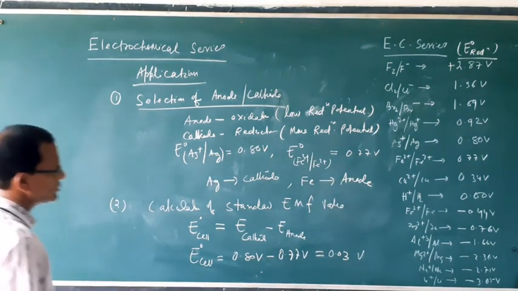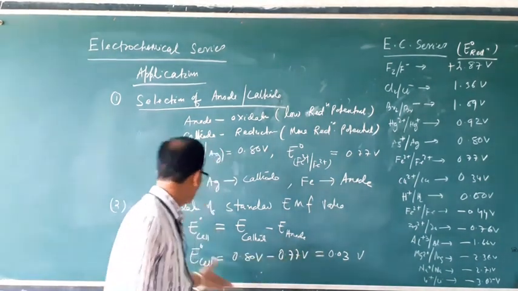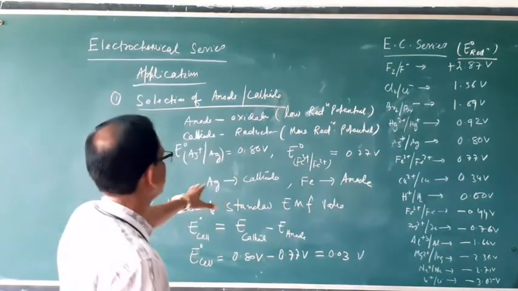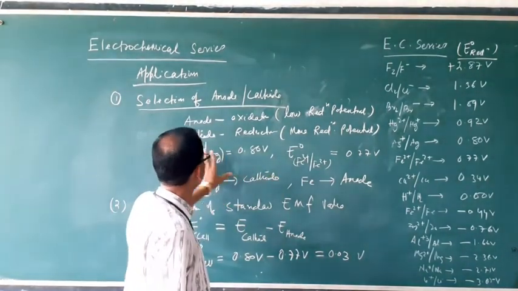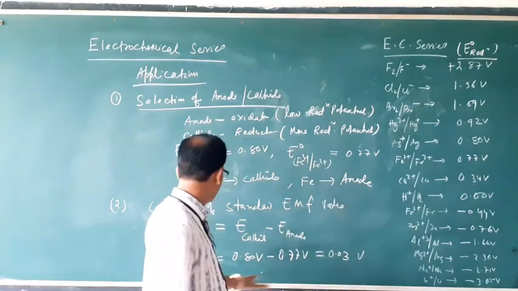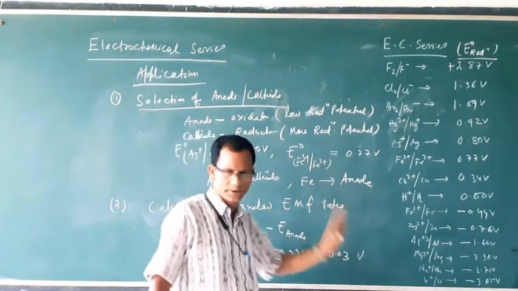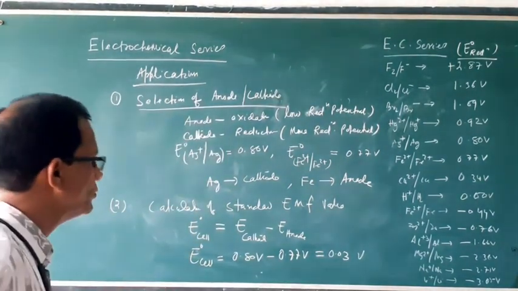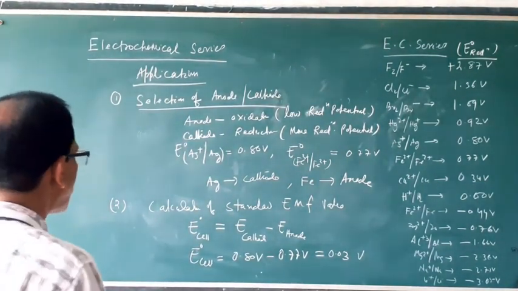So 0.03 volt is the EMF of this complete cell. If you take silver and iron, you will get this value. The electromotive force of this cell is 0.03 volt.